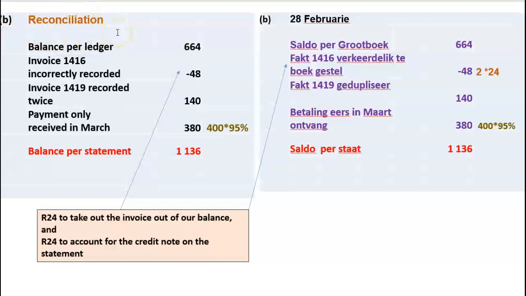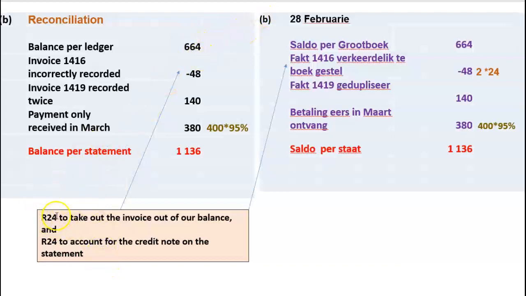Who has to act on this mistake of something posted as a credit note and actually it was supposed to be an invoice? The supplier, Swart Eng, must make that adjustment in his own records. Therefore, the only thing that I can do is show what was the impact of this mistake between this picture and that picture. So the first picture is I had an invoice of 24 Rand, the statement didn't.